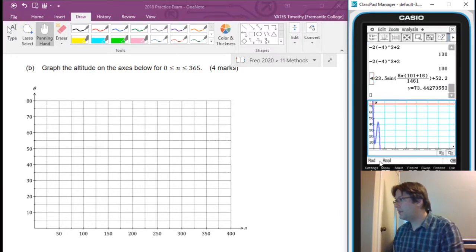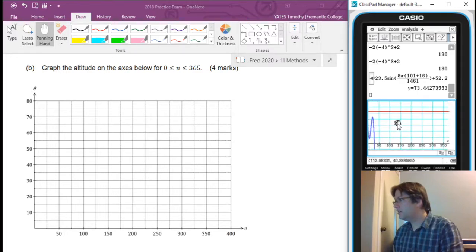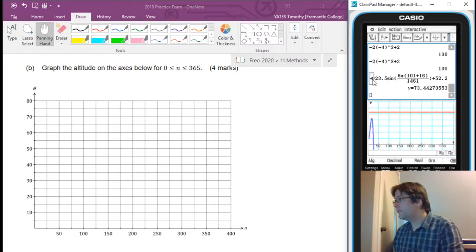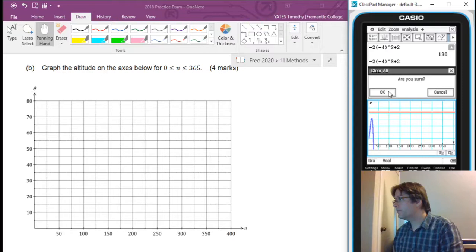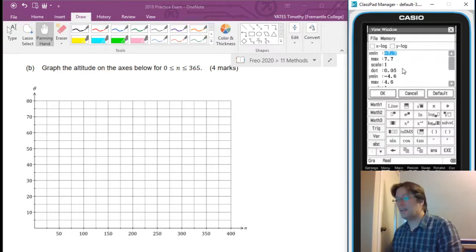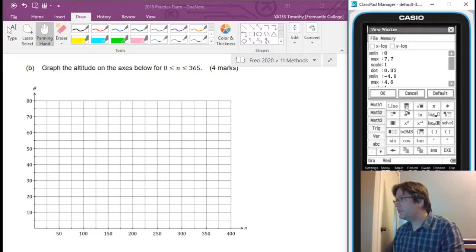Okay, now it needs to be degrees or radians. What do we got here? Let's just clear this and do that again. So the range is from 0 to 400, we'll put 50 in there, and then Y is from 0 to 80, and we'll put 10 in there.